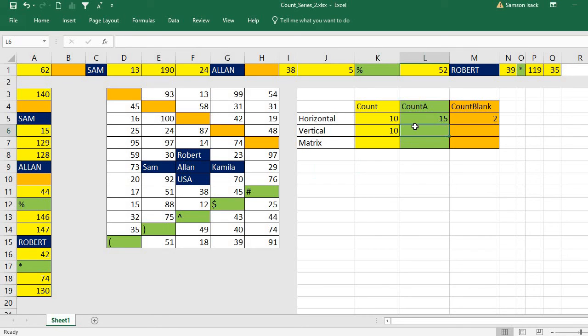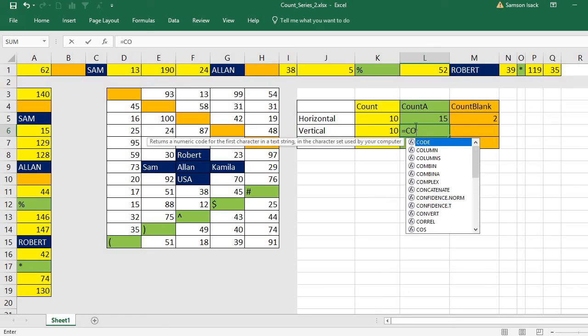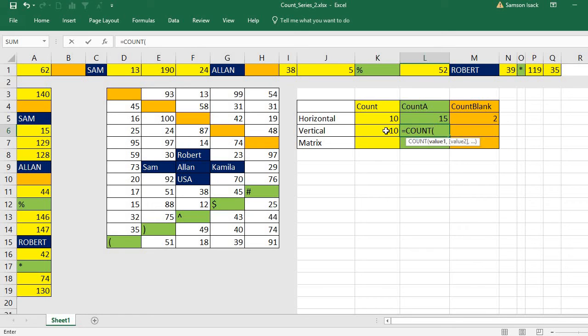Yes, absolutely right. What is the count of non-blank cells of the vertical? 1, 2, 3, 4, 5, 6, 7, 8, 9, 10, 11, 12, 13, 14, 15 non-blank cells.